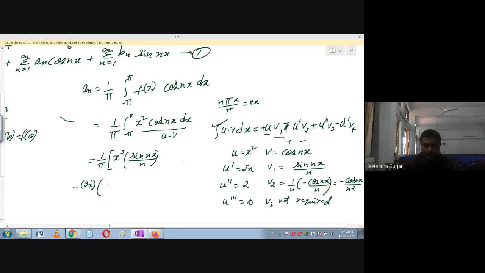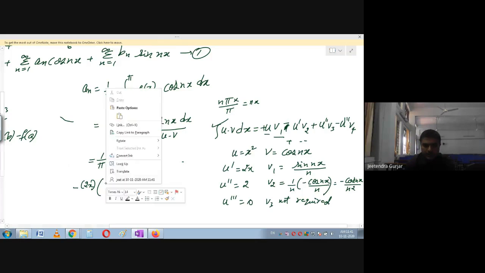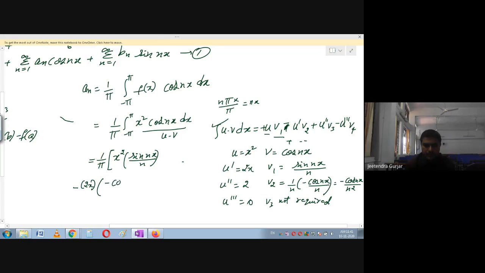V2 is what, students? It is minus cos nx upon n square. And next, if you further simplify, it is 0, because u triple dash is 0. V1 I have substituted. Okay, no problem.